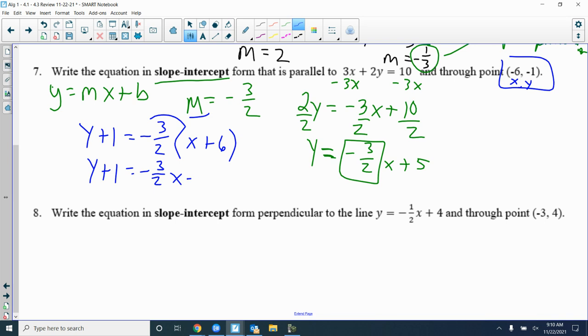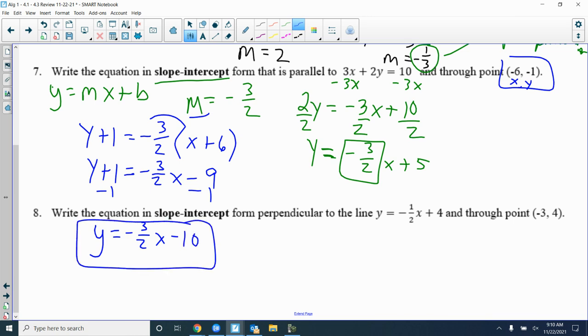Okay, the whole thing's negative 9. All right, now what? Subtract 1. And what do you get? Y equals negative 3 halves x minus 10. And this is our answer right here, guys. There's our answer.